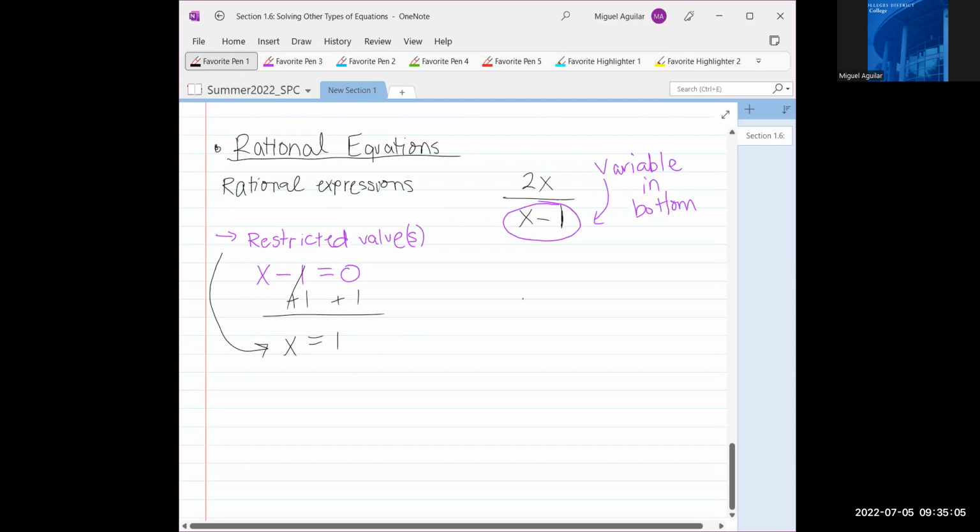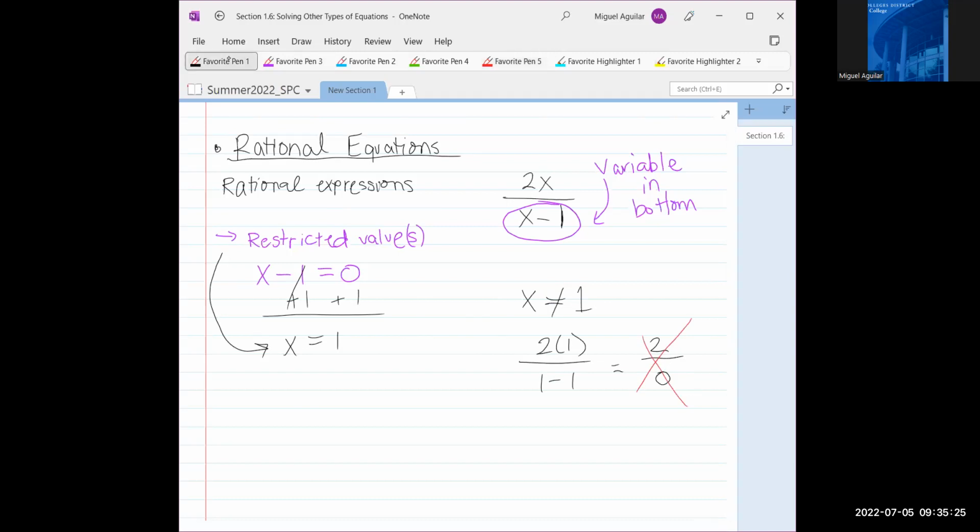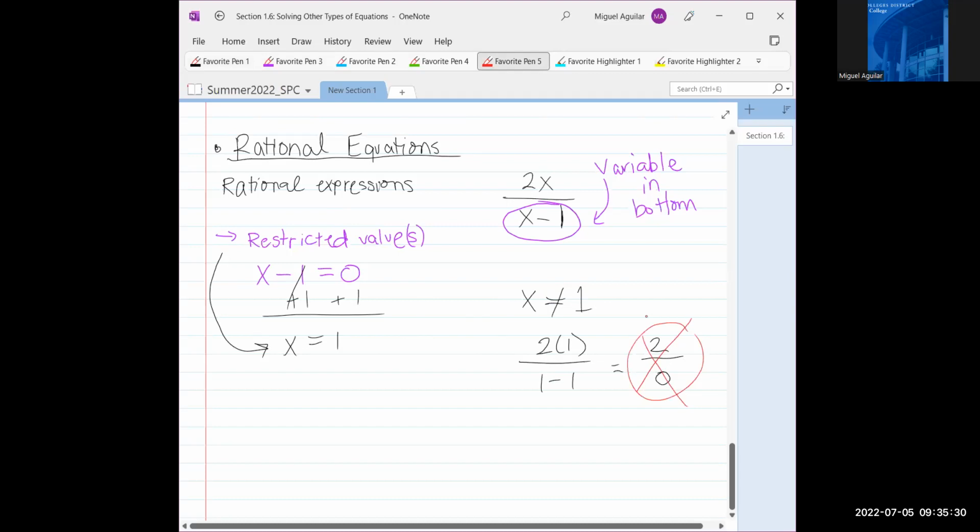So I know then that x cannot be equal to 1 for this expression, because if I plug in 2 times 1 over 1 minus 1, I would get 2 over 0, and that would be a problem. Does that make sense? Yes. We do not want to divide by 0, and so that's what we have to watch out for when we're dealing with rational expressions.